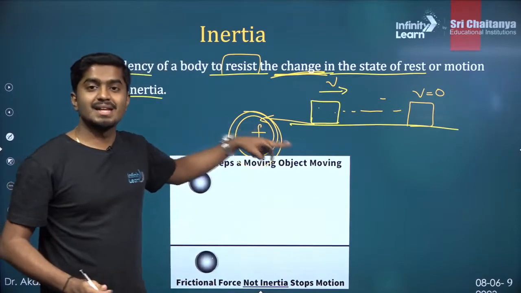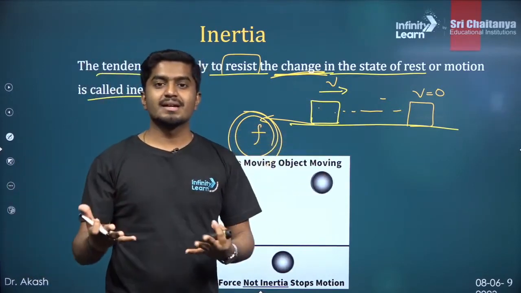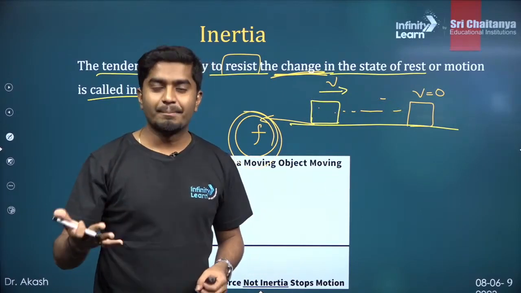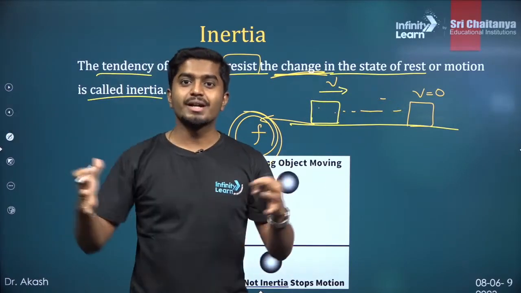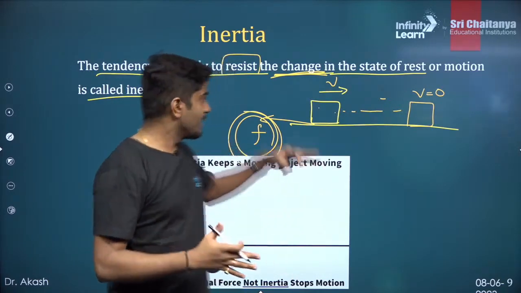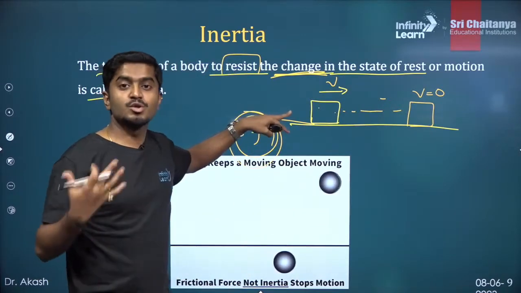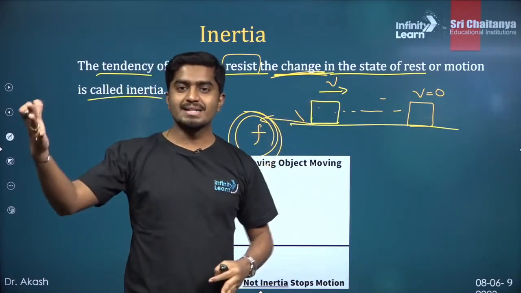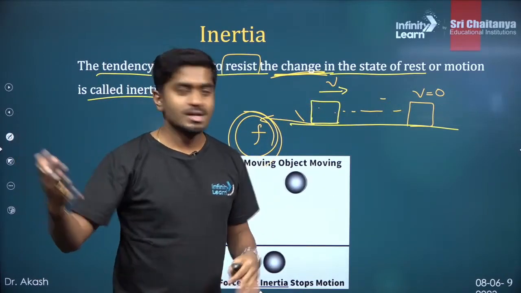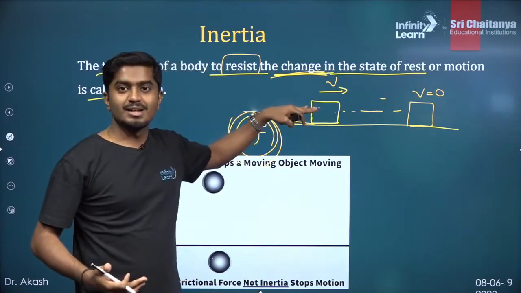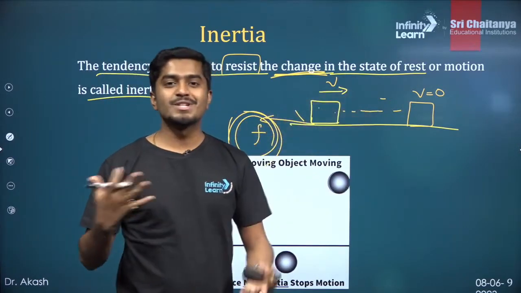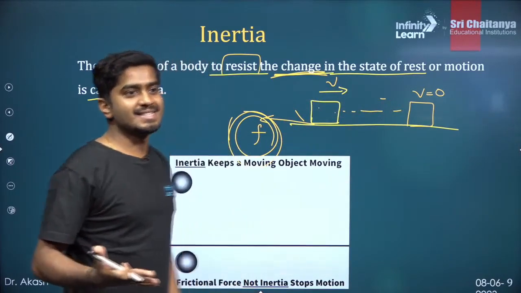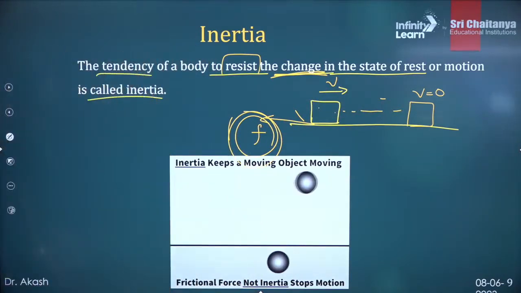Like if your father or your mother comes in the morning to wake you up, that is the external force, not in your control, correct? So this friction is not in control of the object. You are the object. Your parents are the external force. So they change the motion, they oppose your inertia, they oppose your laziness. Clear, right?